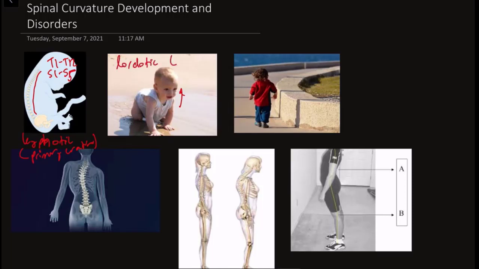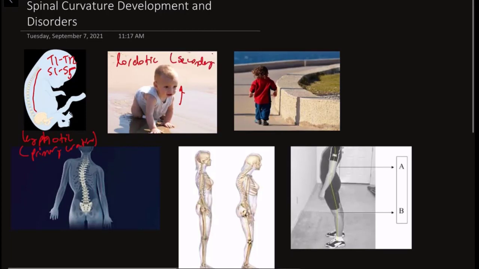Lordotic is another way of saying secondary curvature because this is stuff that only came into being after you left your mother's womb. As babies lift up their heads, they're developing their cervical region of their spine. This would be C1 through C7 of the vertebra.